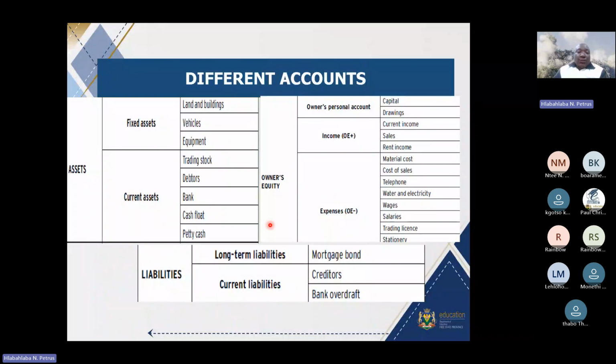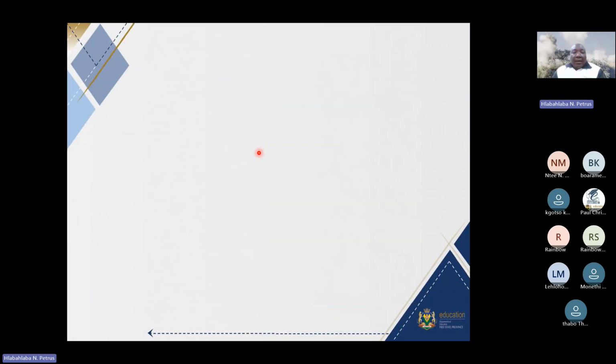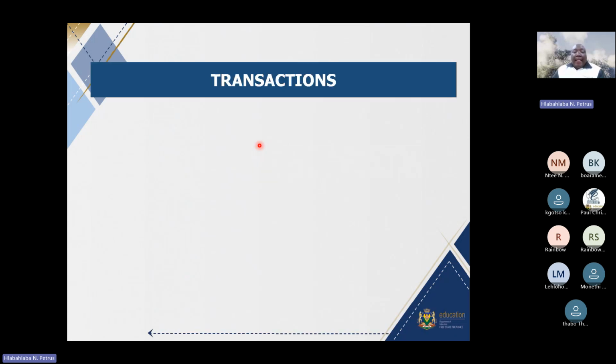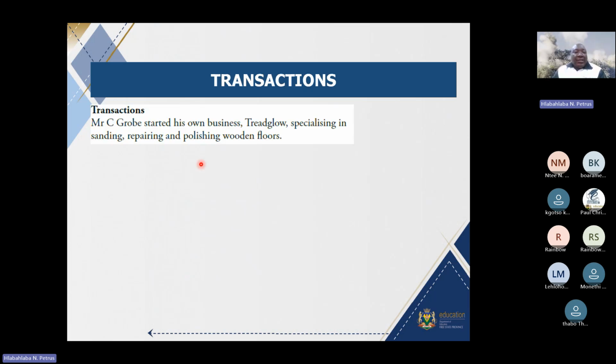So let us go and do the transactions and see how we are recording them. Remember, I've said that there are 2 accounts that are affected in the transaction. The first transaction: Mr. G. Krob started his own business, Trade Law, specializing in sanding, repairing, and polishing wooden floors.